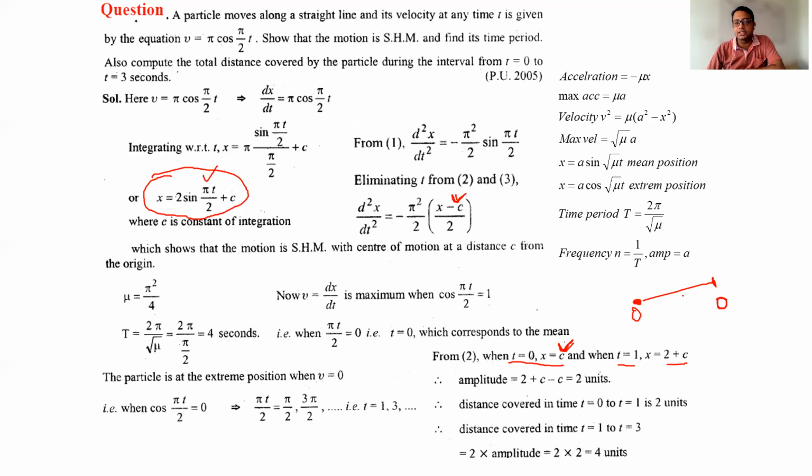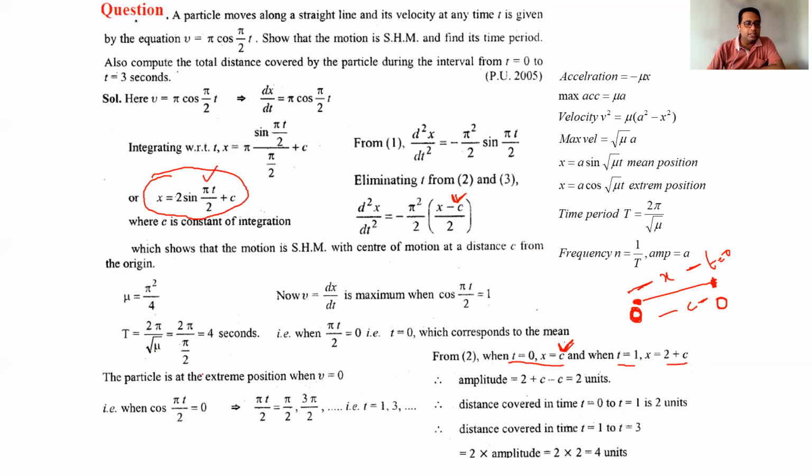That means if we are taking this point as the origin, then x is measured from this side, right? X is being measured from here, and the particle has already covered a distance c at t equal to 0, because the origin was taken here; otherwise x would not come, x minus c would come. I already told you the origin has shifted.